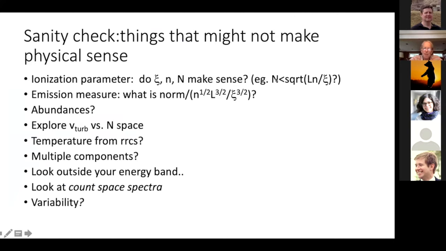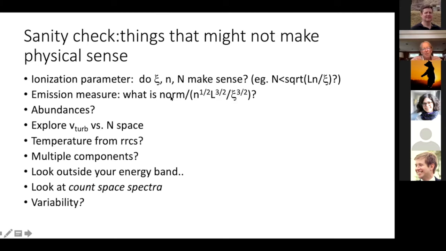And that really is, the column density has to be less than this quantity, the square root of the product of the luminosity, the density, and the ionization, divided by the ionization parameter. And you can see how this works, in the sense that you can't fit more gas into a certain volume than the size parameter would allow you to.